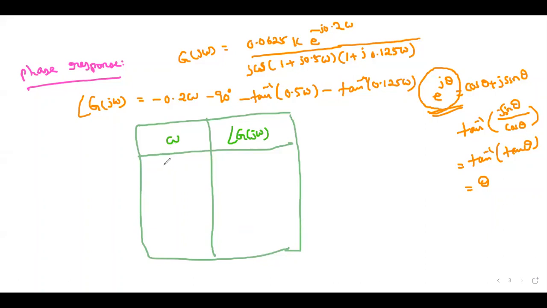Take 0.1, then omega L, which is 1, then 2, which is omega C1, then omega C2, which is 8. Then any numbers, we'll take 10 and 100. Calculate and tell me the values in degrees.